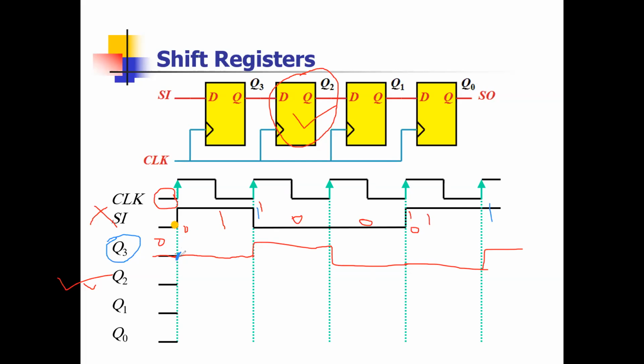So here, what is this value? 0. So definitely it will be 0 now. Then first 0. And then 1. And then 0. Then 0.